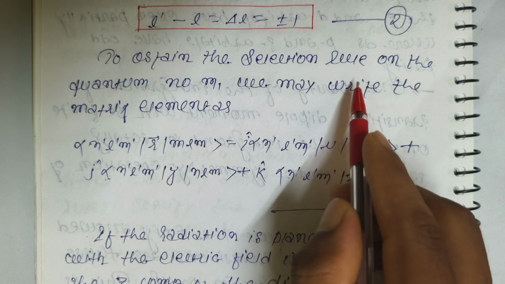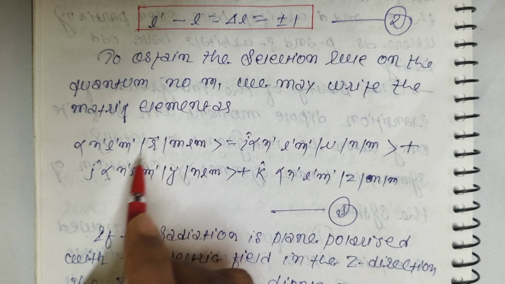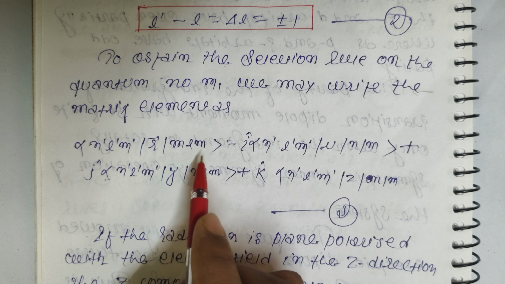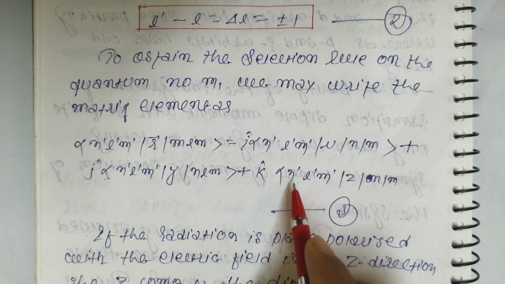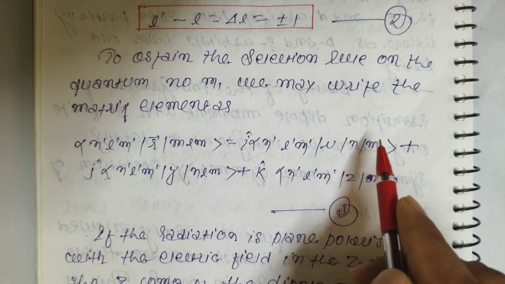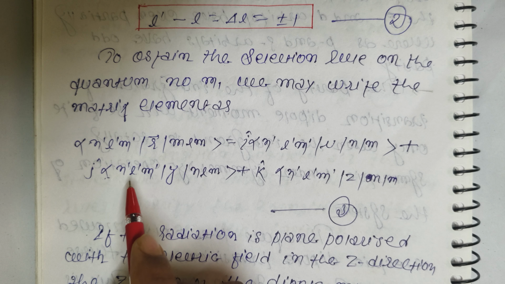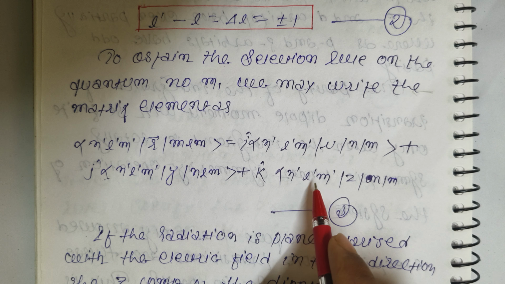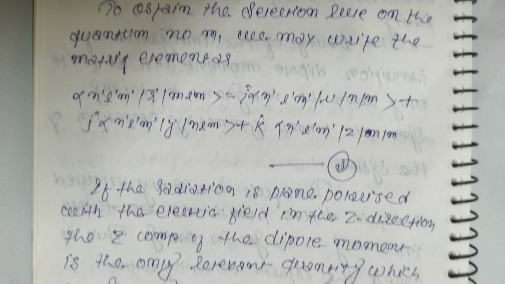To obtain the selection rule on the quantum number m, we may write the matrix element ⟨n' l' m'| r |n l m⟩ is equal to i⟨n' l' m'| x |n l m⟩ plus j⟨n' l' m'| y |n l m⟩ plus k⟨n' l' m'| z |n l m⟩. This is equation 3.